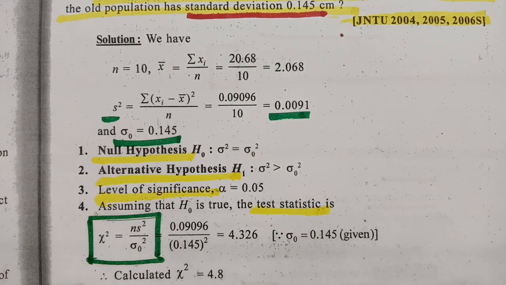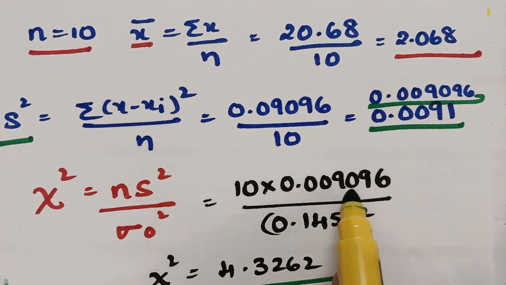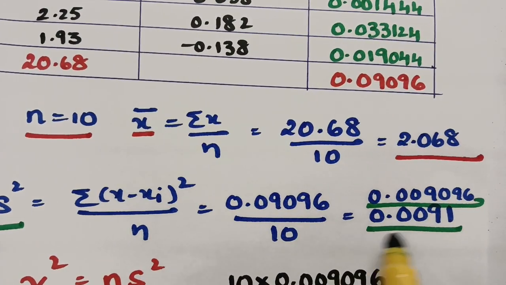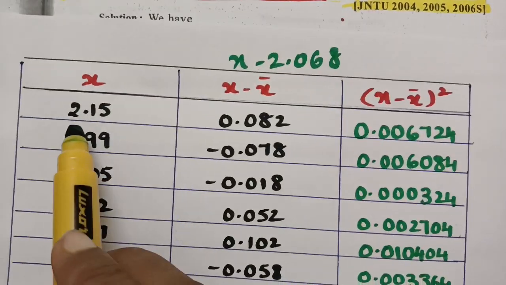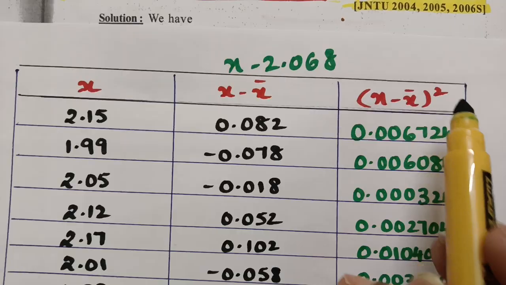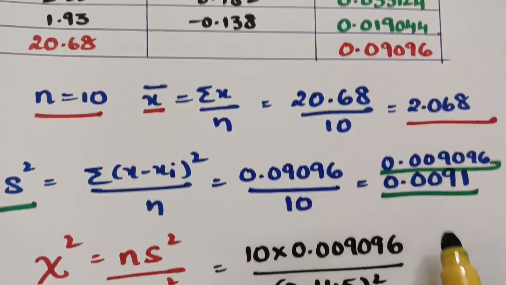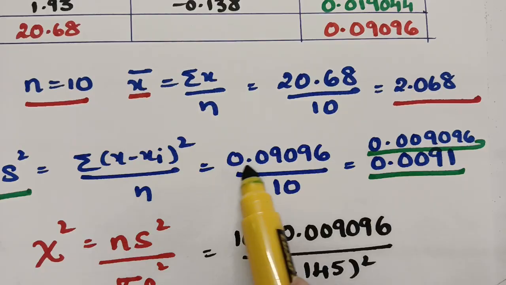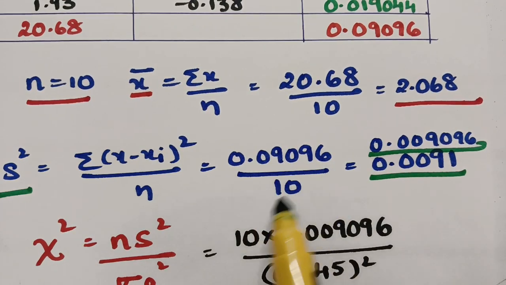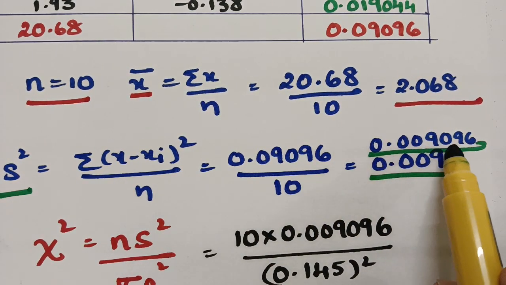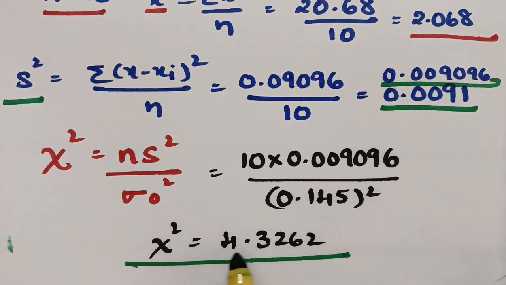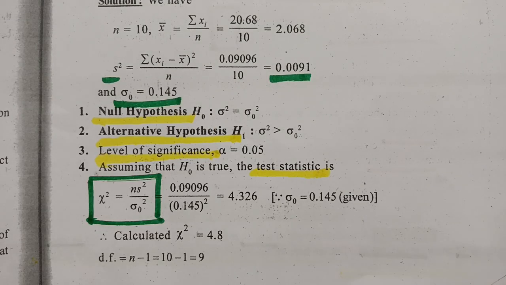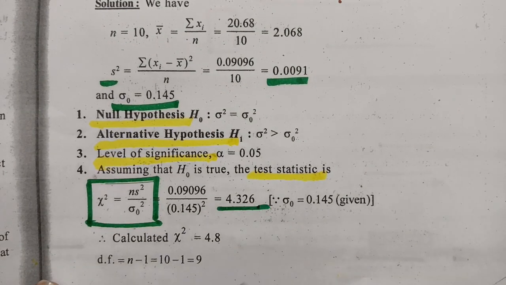From the table we got s square as 0.09096 by 10, which is 0.009096. So 0.009096 into 10 divided by 0.145 whole square gives 4.3262.